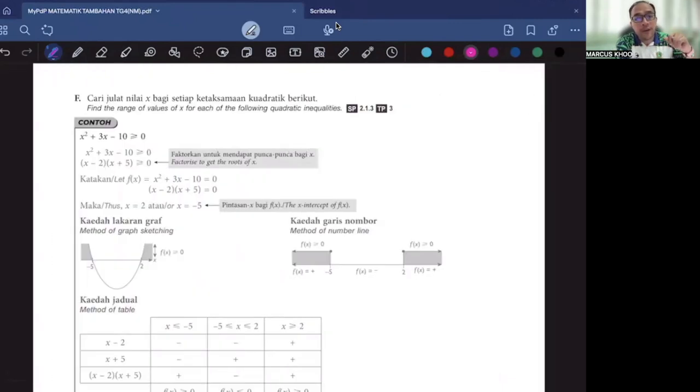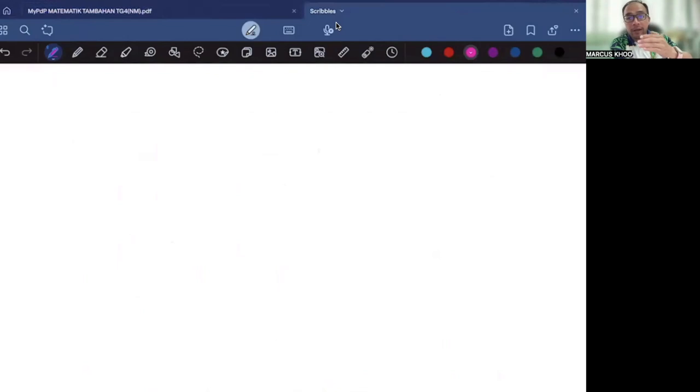F is: find the range of values of x for the following quadratic inequalities. The first thing we need to understand is that if an equation is given as ax squared plus bx plus c equals 0, this is a quadratic equation, because the main thing here is the equal sign.